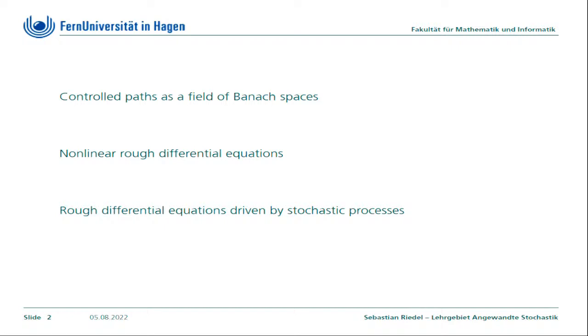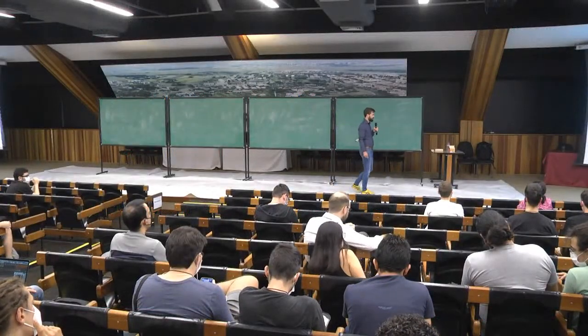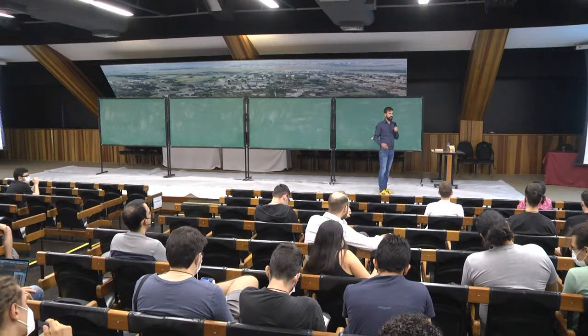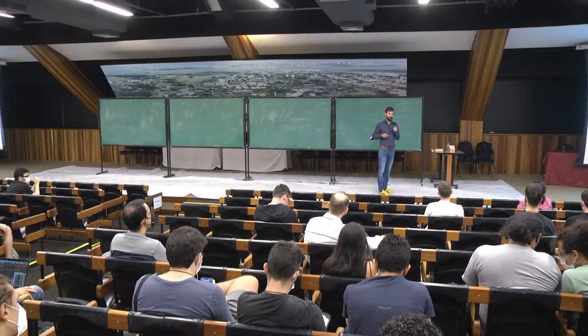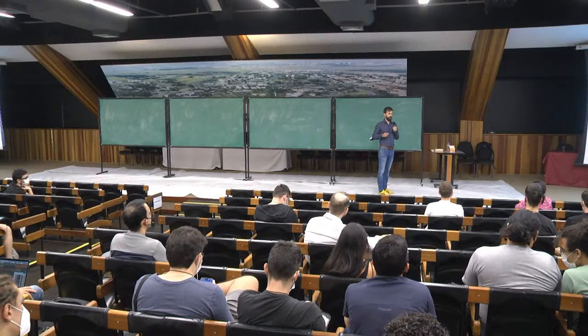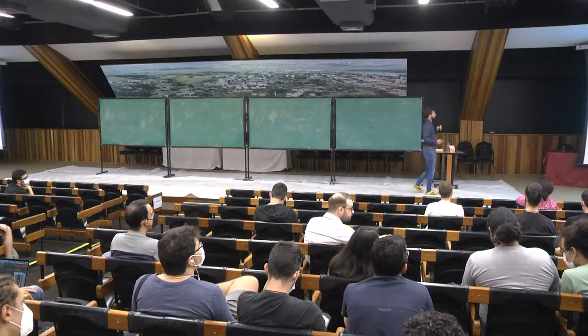And finally, in the third part, we will apply this main result to stochastics. So we look at rough differential equations that are driven by stochastic rough paths, and we will see how you can solve them, and compare a bit with the Ito solution.